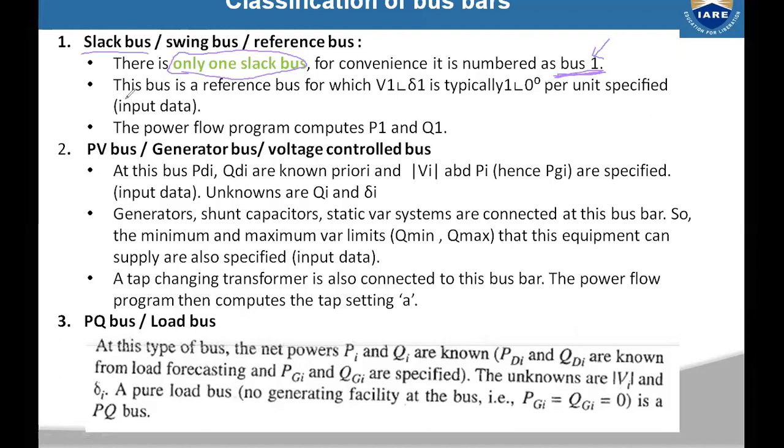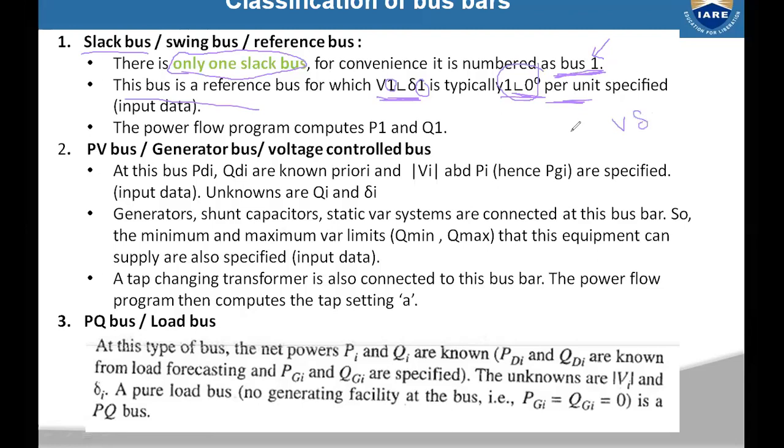This is also called the reference bus, at which the magnitude of voltage will be specified, V1, where 1 means bus number 1, at an angle delta 1. Typically it is equal to 1 at an angle of 0 degrees in per unit. At a slack bus, you specify the voltage and delta.